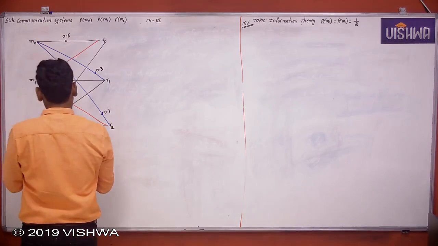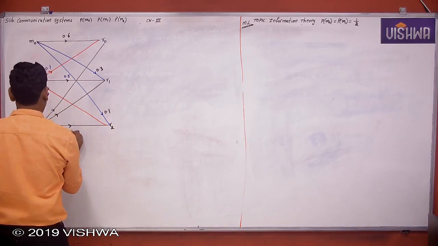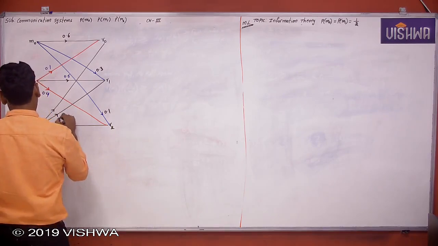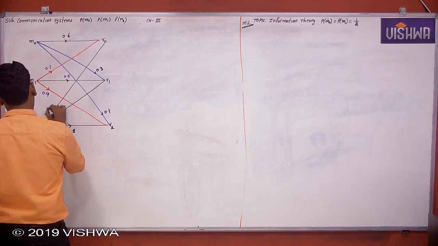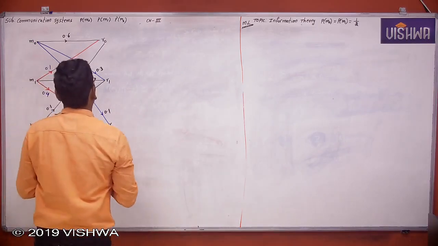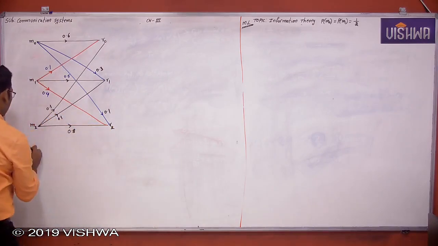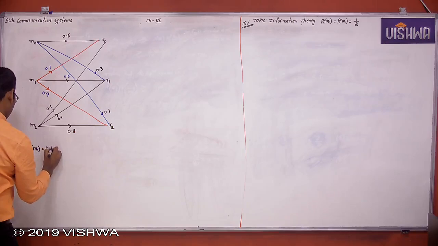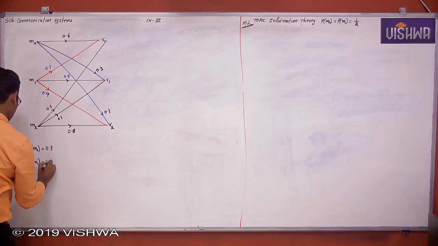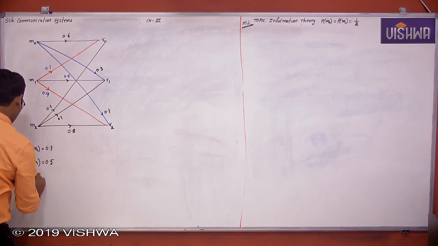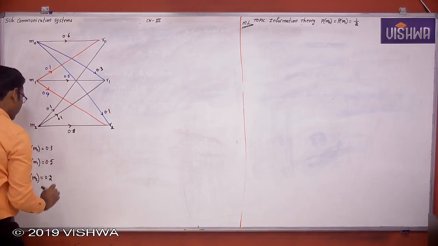And the last row is 0.8, 0.1, 0.1. And the symbol probabilities are P of M0, which is 0.3, P of M1, which is 0.5, and P of M2, which is 0.2.